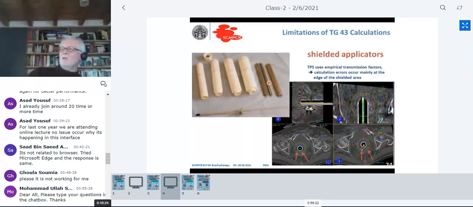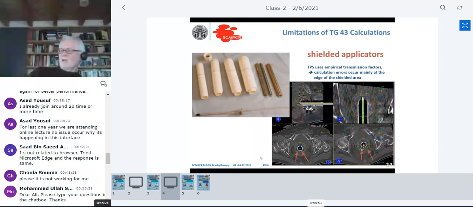You have these tungsten shields here that you can place. These are vaginal cylinders. This would be the channel, and then you place the shield onto the channel, and then you put the cylinder over on top of that, and then this gives you a shielding in a certain direction. Like here, it's shielded towards the bottom, and you have no dose at the bottom, and you have full transmission through the top. So this is how it works.